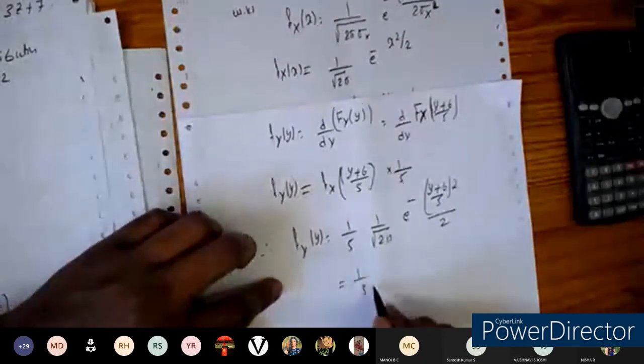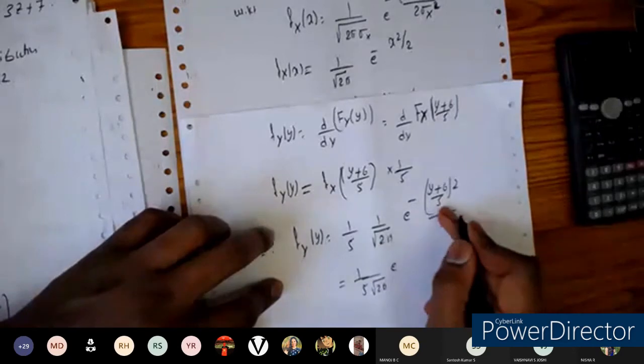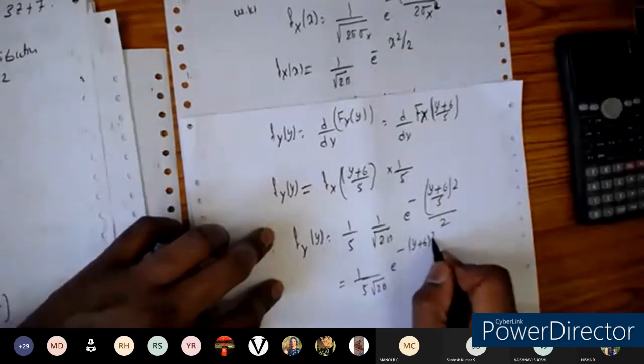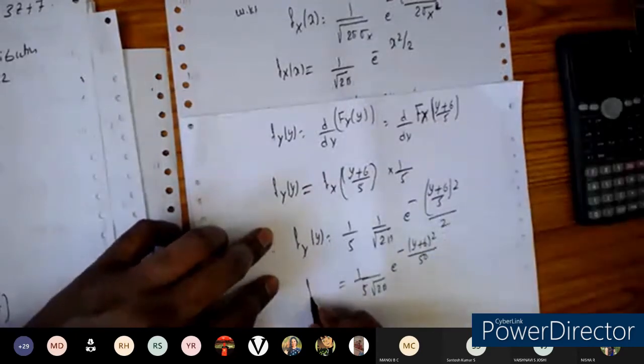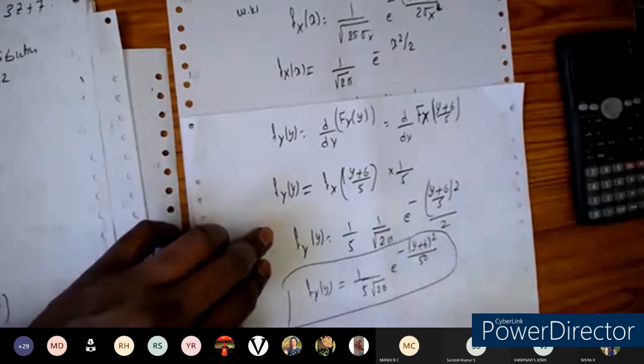So this is equal to 1 by (5 root 2 pi) into e to the power of minus (y plus 6) the whole square divided by 50, since 5 squared is 25. This is the PDF of the new random variable Y.